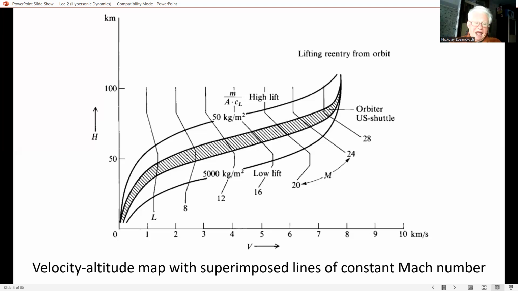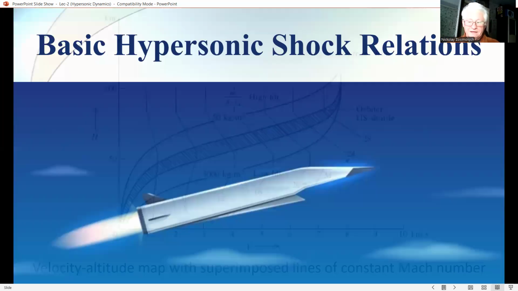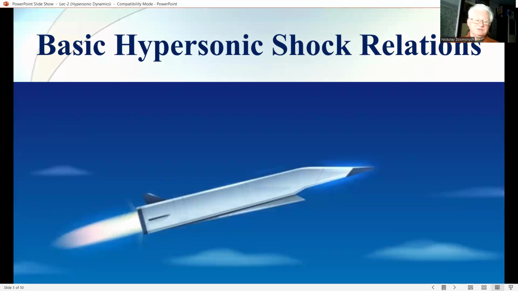Okay? And these limiting forms are interesting in their own right. However, of more importance, they are necessary for the development of various envisaged hypersonic theories to be discussed in subsequent modules. So let's start with the basic hypersonic shock relation.